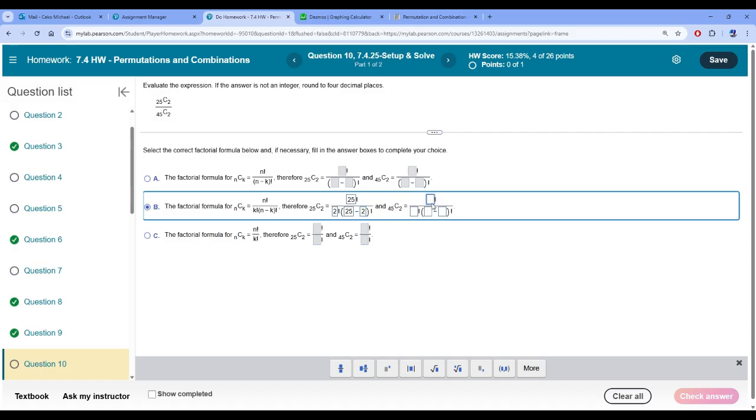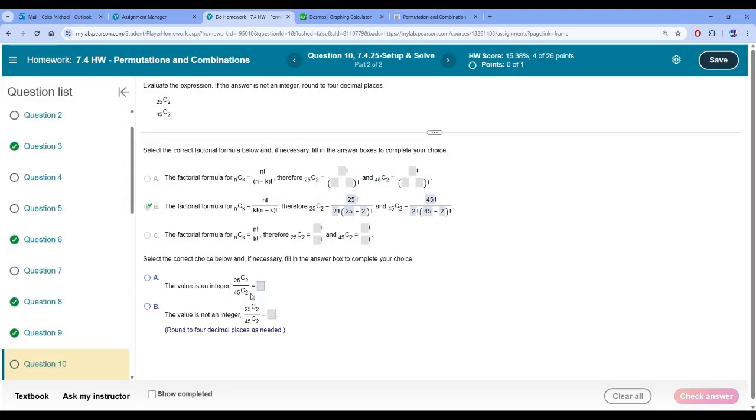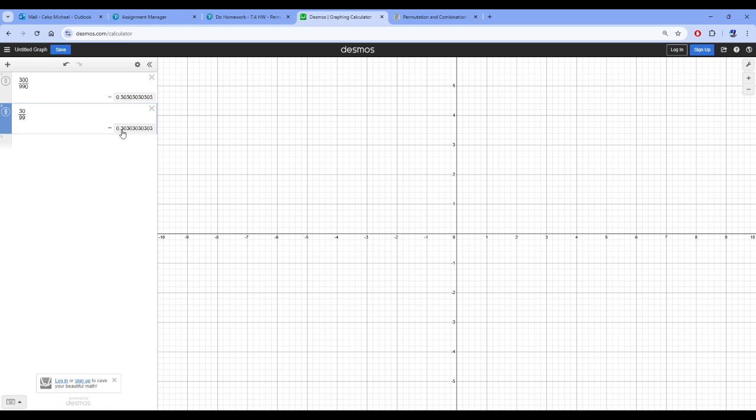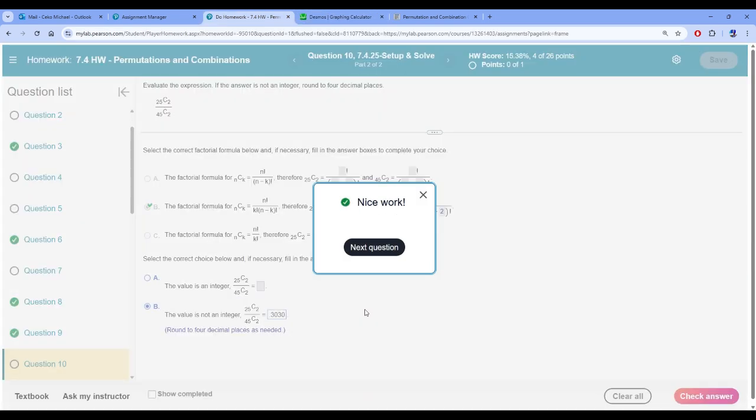And C of 45 is 45 to 45 minus 2. Was that it? Yeah. And then that answer is not an integer. It is, what do we get? 30 over 99, to 4 decimal places. 0.3030. There we go.